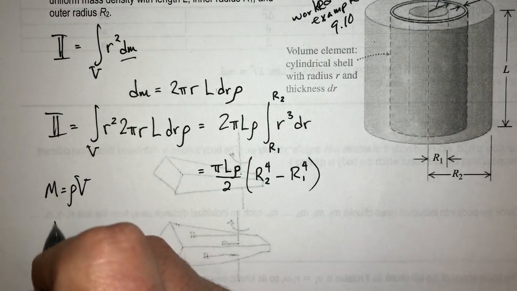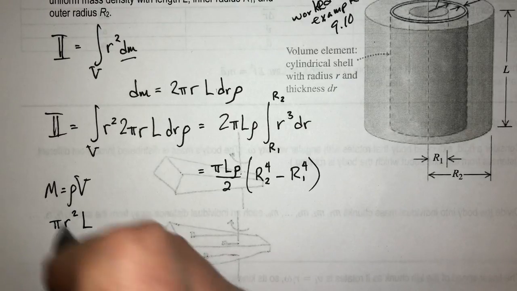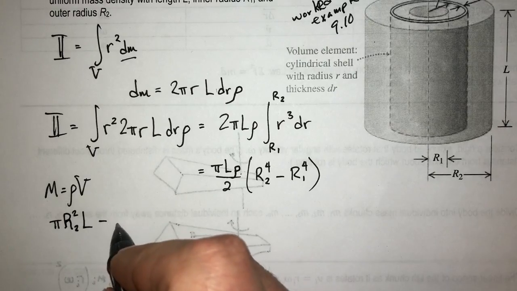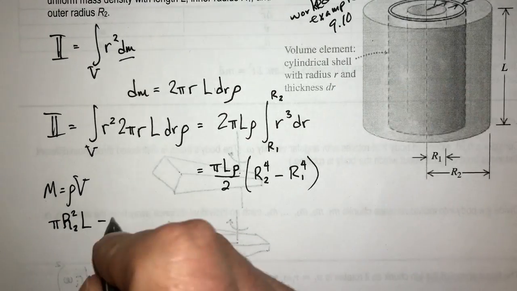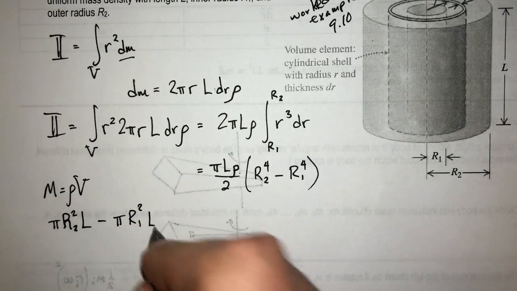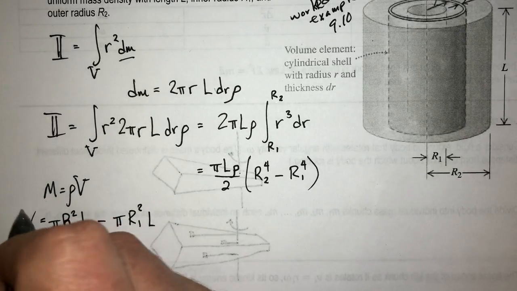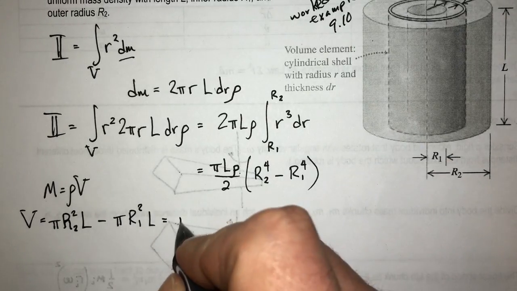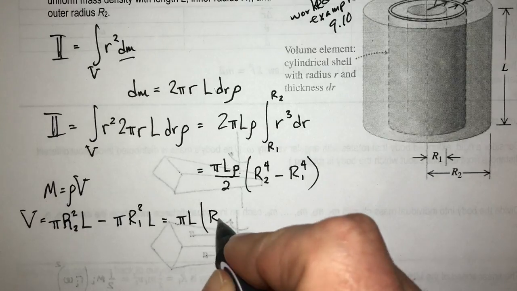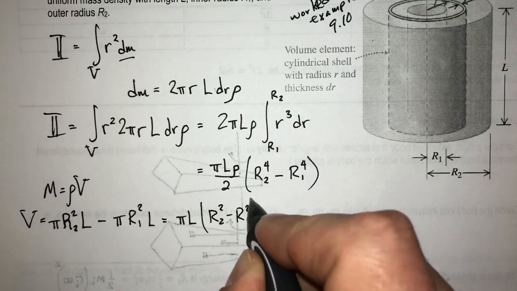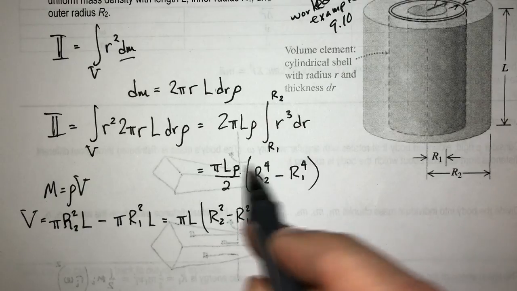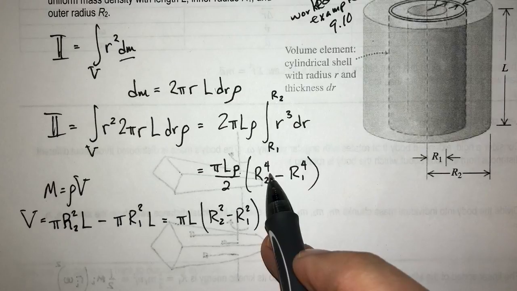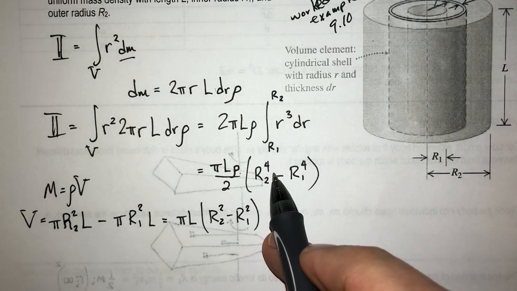So we've got pi r squared L, but this is the outer radius, so it's R2, minus the missing cylinder's volume, pi R1 squared L. That's the volume of this hollow cylinder. We can factor out the pi and the L and end up with R2 squared minus R1 squared. And that's not quite what we've got here. I don't see a volume, except that this is the difference of squares, and we can factor that.